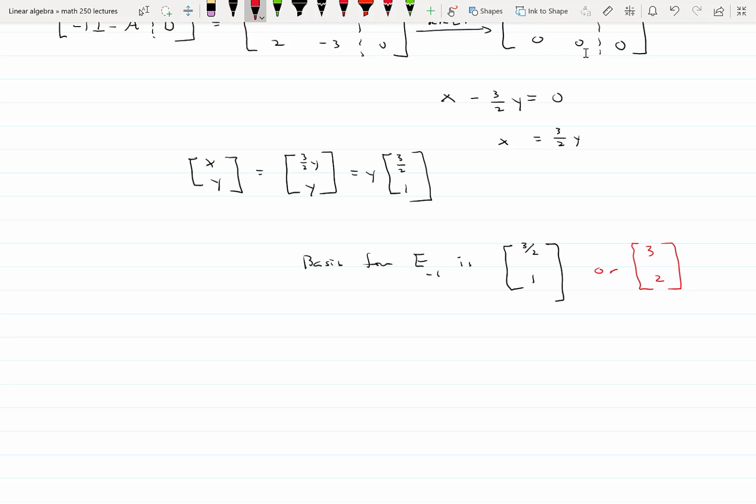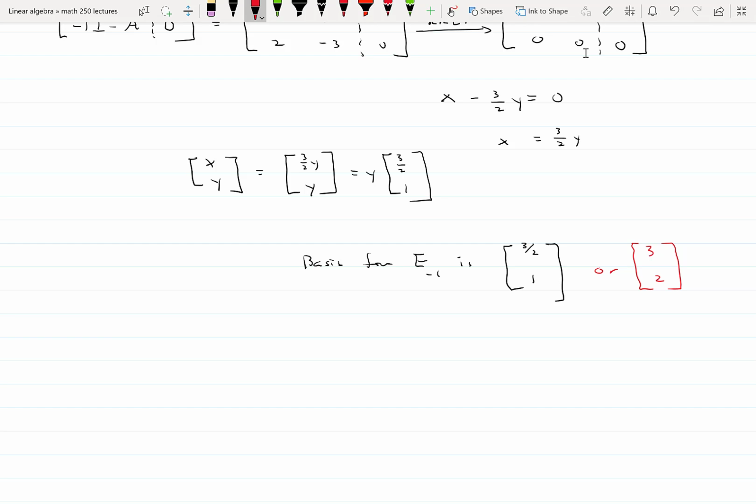The reason why we could use 3 and 2 instead of 3 halves and 1 is because my eigenvectors are scalar multiples of this one vector. Scalar multiples of 3 halves and 1 are the same as scalar multiples of 3, 2. You can multiply the column vector 3 halves and 1 by 2, and you can obtain scalar multiples of either by using either of the vectors. Okay, so in other words, that last statement didn't turn out too well.